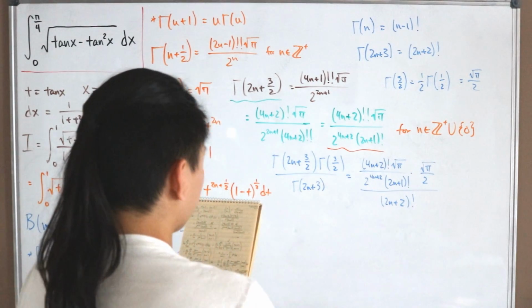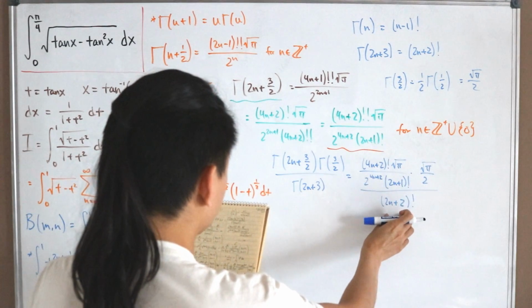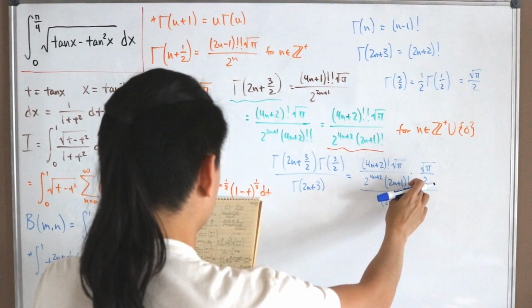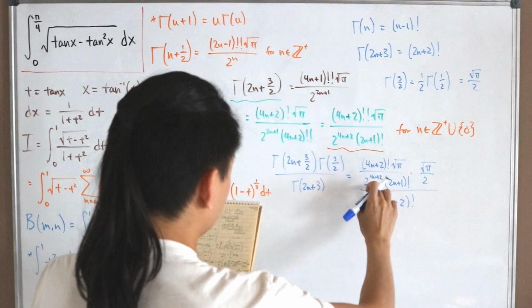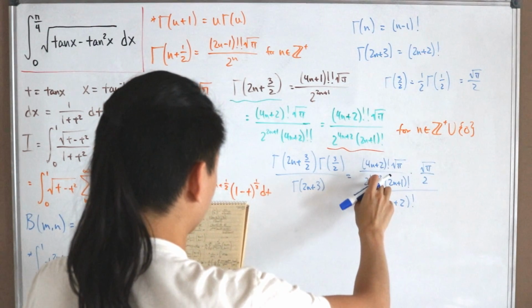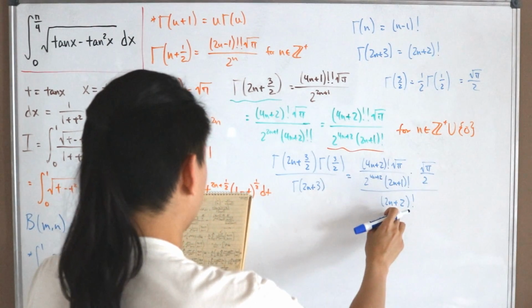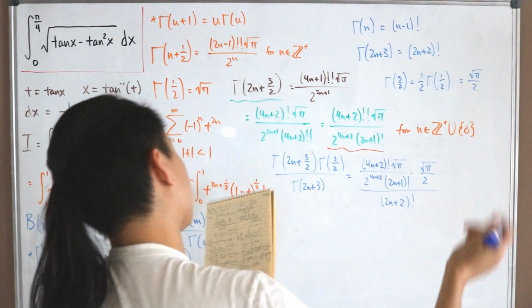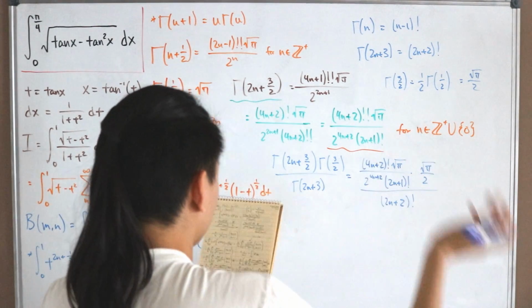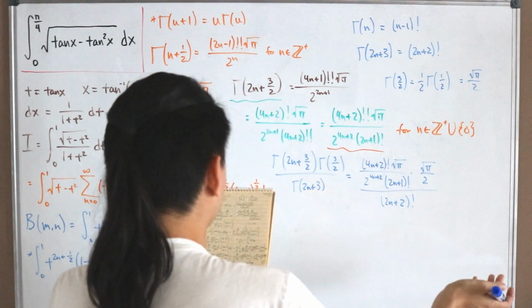With the division, I can put this underneath. I'll multiply this 2 back here, so the power increases from 2 to 3. And 2n plus 2 factorial is the same as 2n plus 2 multiplied by 2n plus 1 factorial.